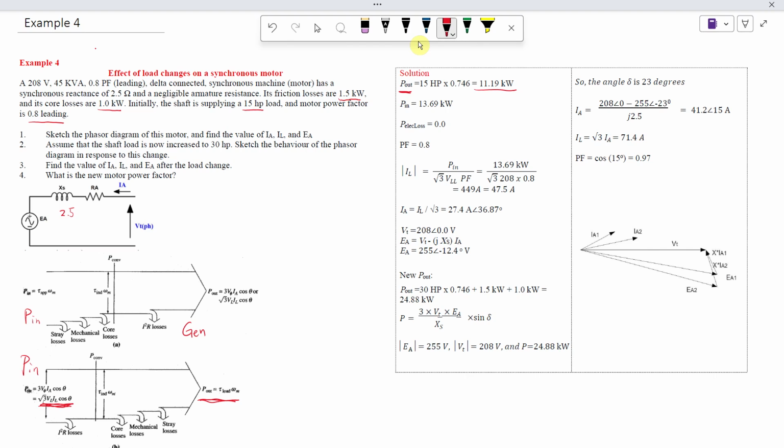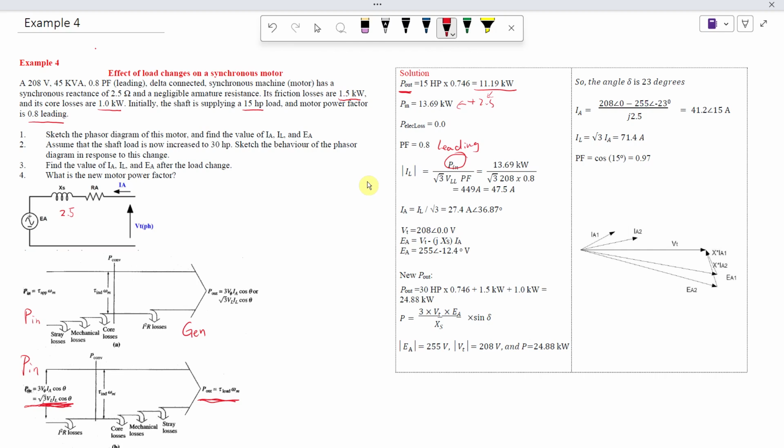So P_in is this power plus the losses: this power plus 1.5 and 1, so plus 2.5, and you get 13.69. We say this one is 0, so we have 0 loss here, and we have a leading power factor. We're going to use this P_in equation divided by √3.